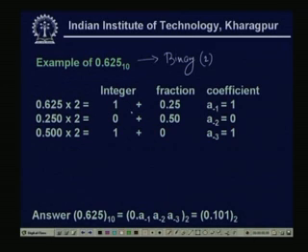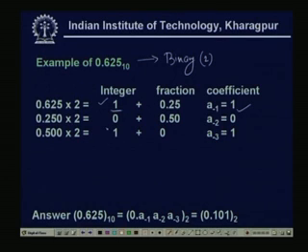If we multiply, we get 1.25. See, this integer is 1 and the current fraction value is 0.25. So, this is the coefficient a minus 1, the position value is minus 1 and the coefficient value is 1. This is the integer I got.